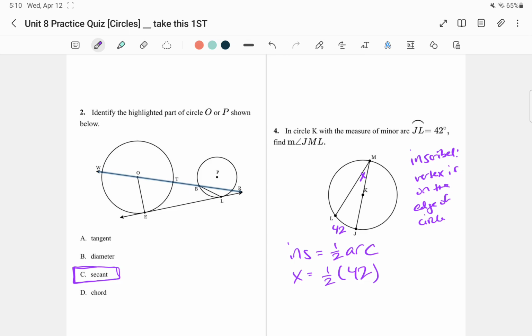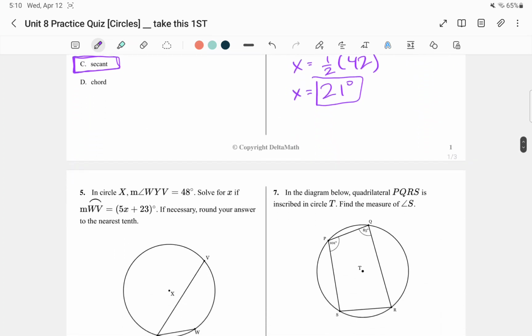It could be either one. So make sure you label your picture and then write it accordingly. So what is half of 42? That is just 21 degrees. So again, if our inscribed angle is equal to half our arc and our arc is 42, our angle is 21 degrees. All right, so let's go down to number 5.